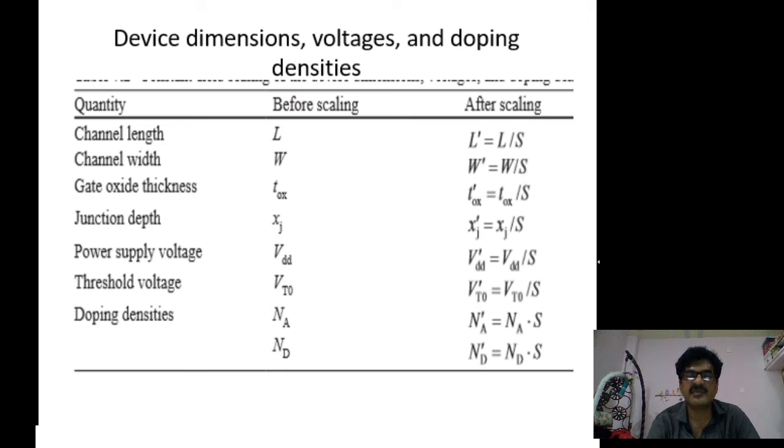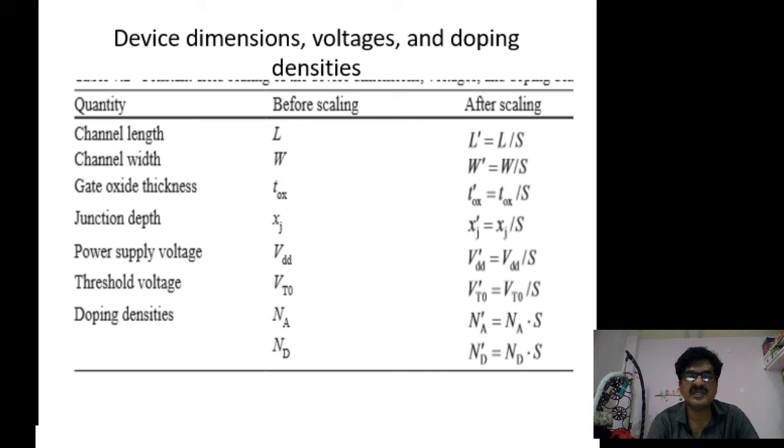This is a table representing how the different dimensions, voltages and dopings of the transistor can be scaled. Before scaling, the channel length is L, but after scaling, its value becomes L by S. Like that, channel width, thickness, depth, power supply voltage and threshold voltage are reduced by a factor of S. But doping concentrations are increased by a factor of S. Why?